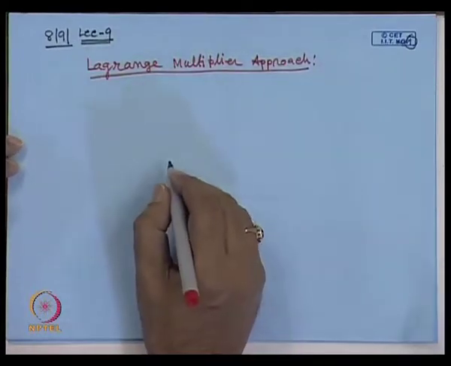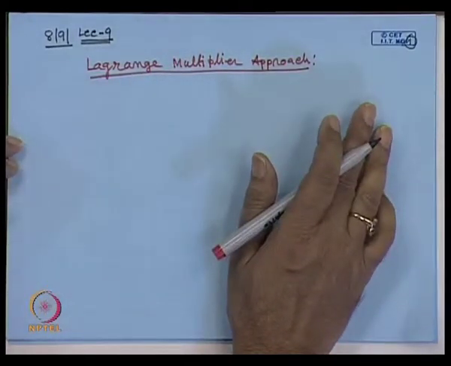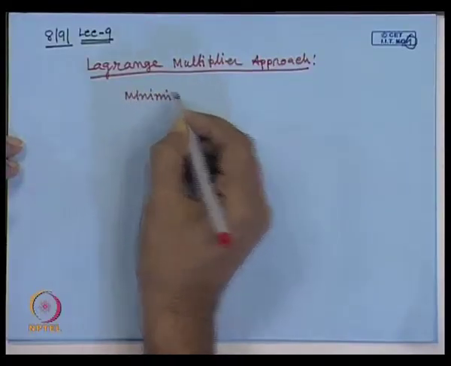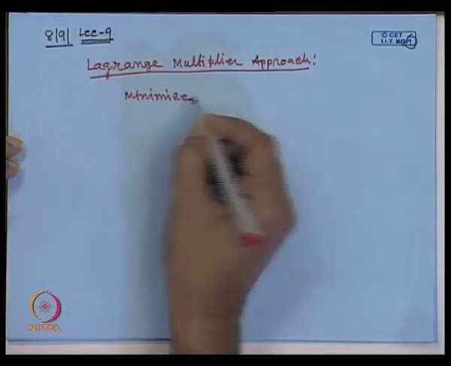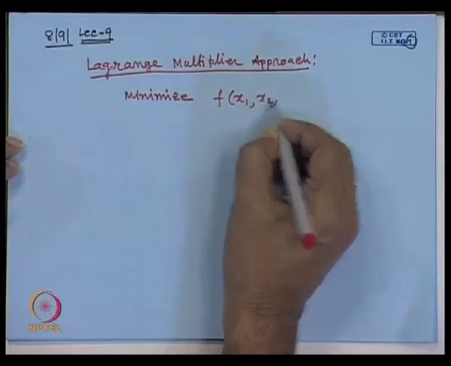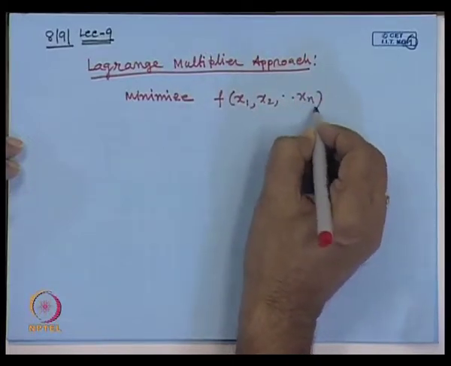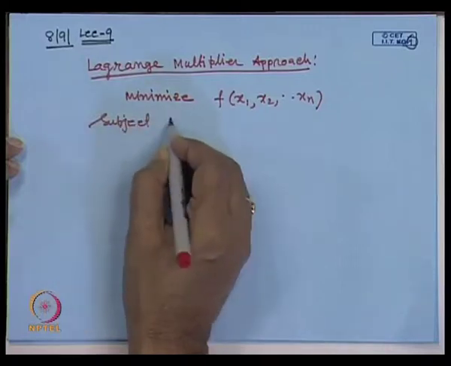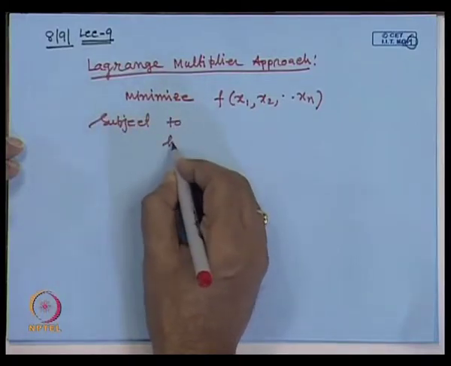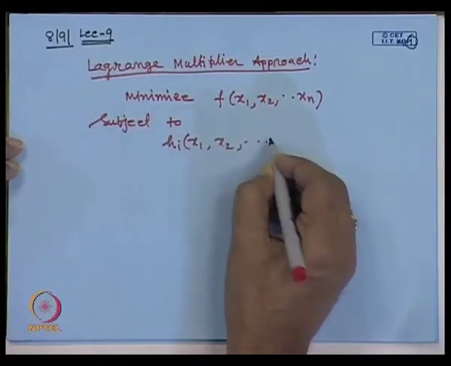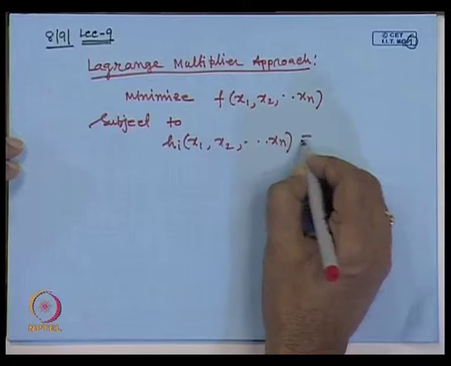In general, the constrained optimization problem is described this way: minimize f of x, which is a function of x 1, x 2, up to x n, subject to equality constraints h i of x 1, x 2, up to x n equal to 0.